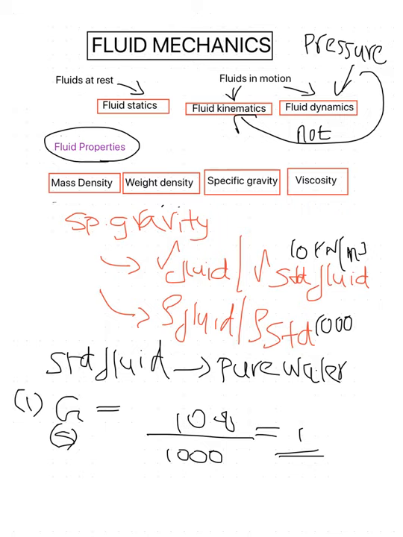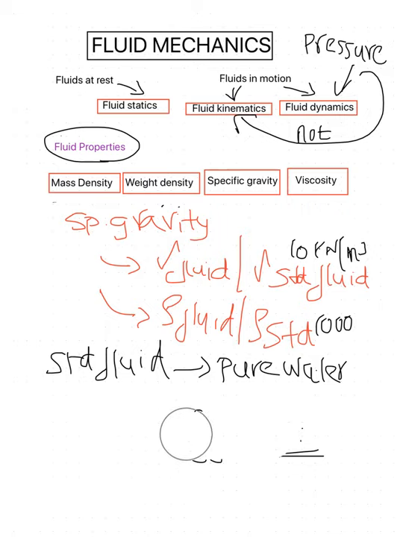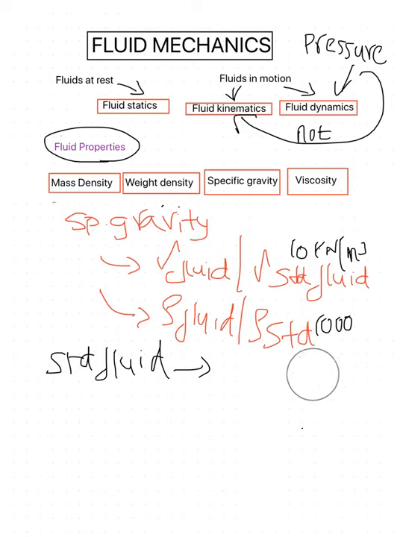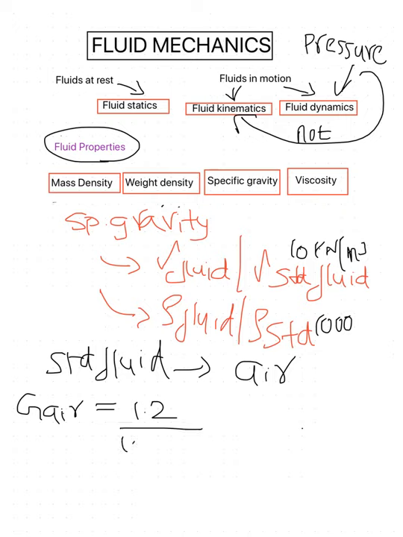Okay, similarly if you need to find out any other parameters also, for example, let's find out for air. Imagine the given fluid is air. If you are asked to find the specific gravity of air, now G of air will be 1.2 kilogram per meter cube divided by 1000 kilogram per meter cube.